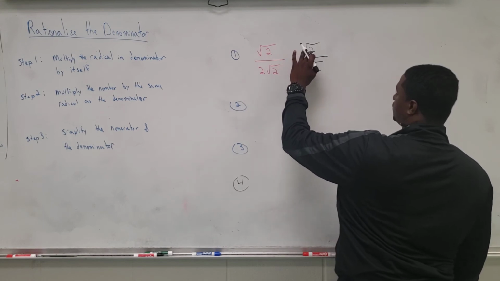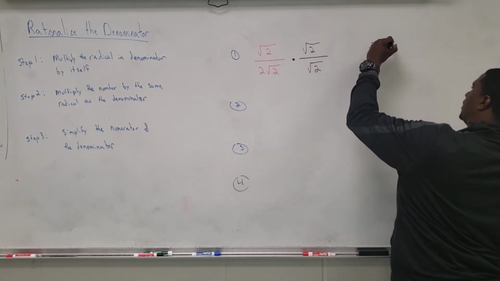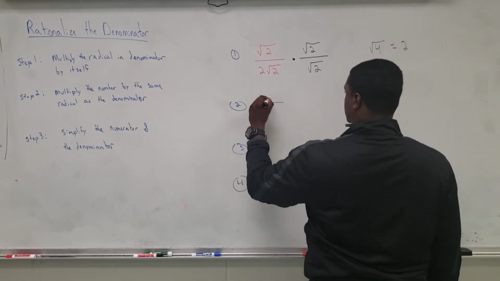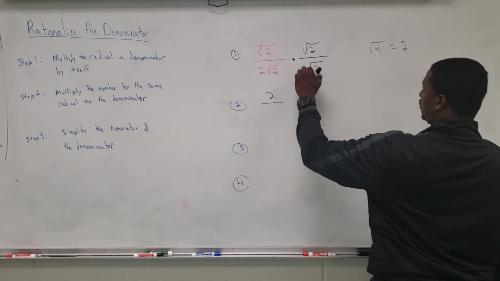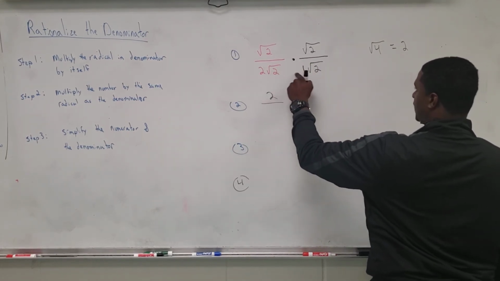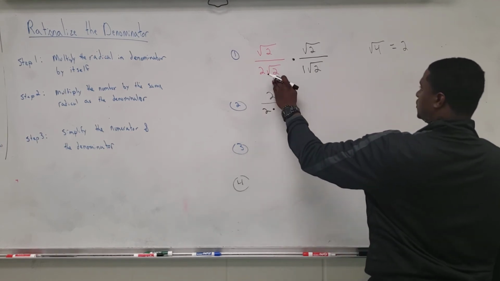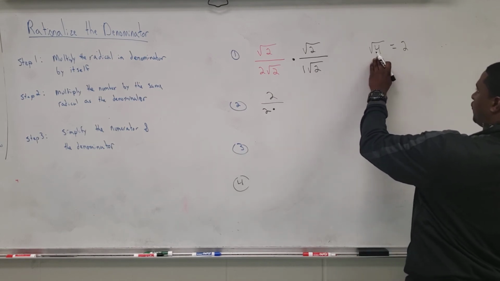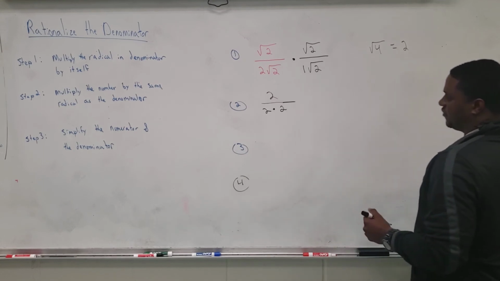2 times the square root of 2, we know that square root of 2 times square root of 2 is the square root of 4, and the square root of 4 is just 2. So that's 2. 2 times 1 is 2 times the square root of 2. We know we just did that, so that's square root of 4, which equals 2. Now we've got to simplify.